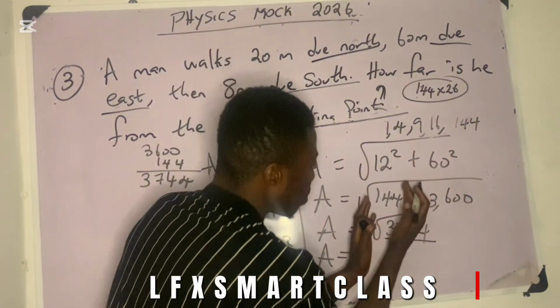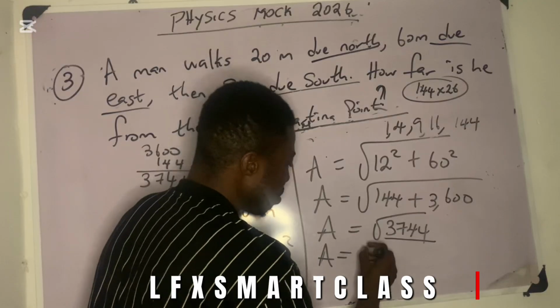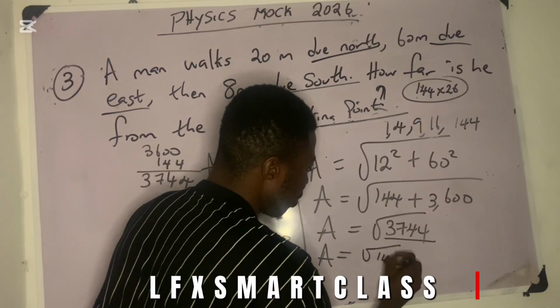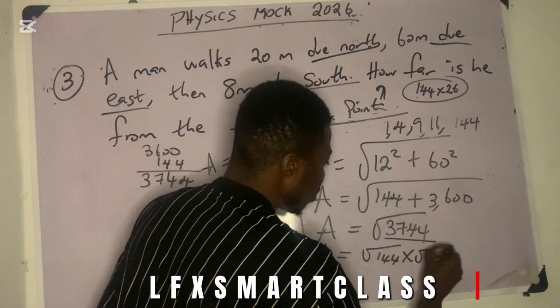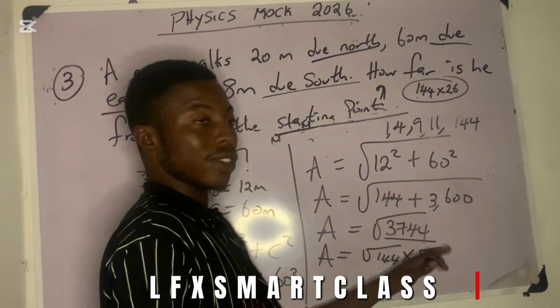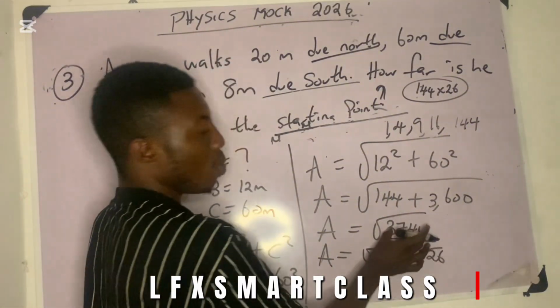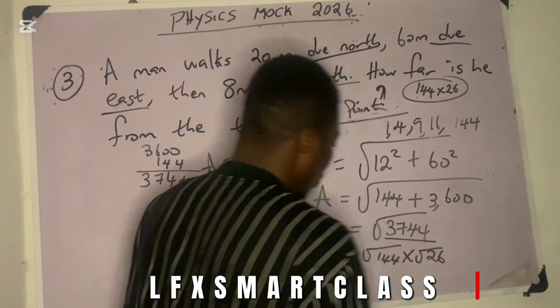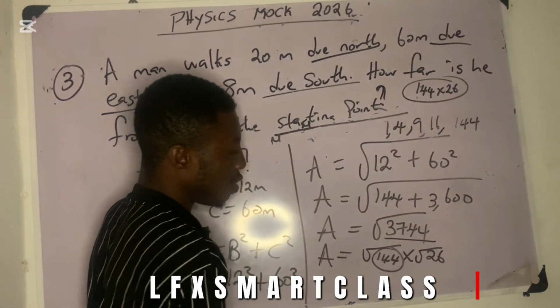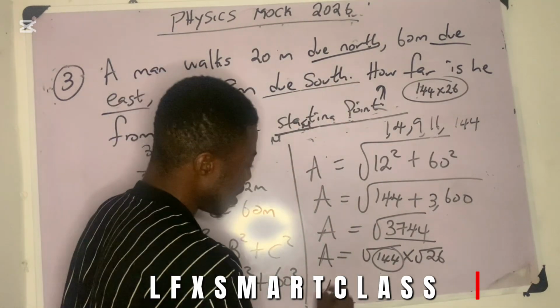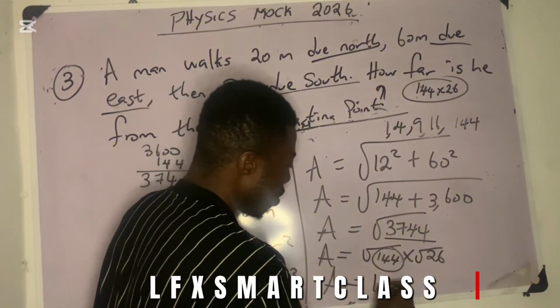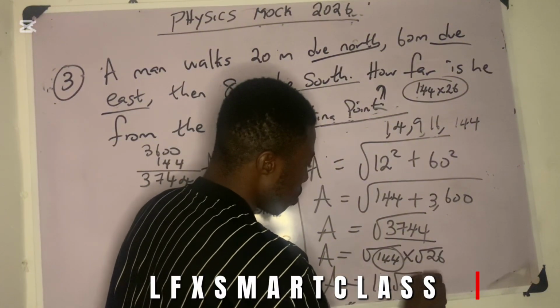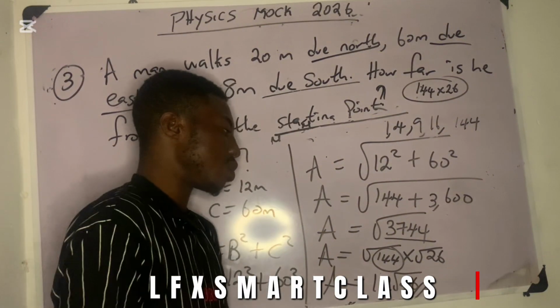So I will split this into two: the square root of 144 times the square root of 26. It's just the same thing, but I split it into two, which gives me 3744. What is the square root of 144? That is 12. That means that A is equal to 12 root 26. That's what it's going to be.